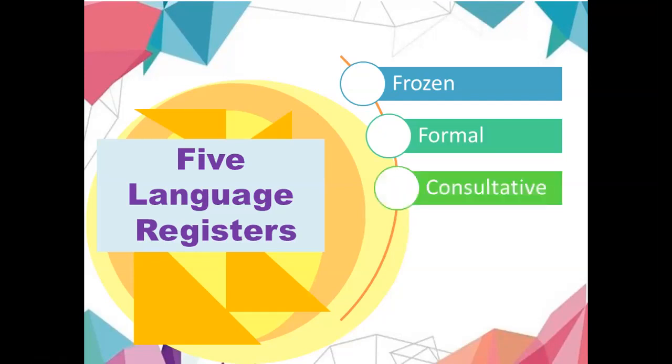The next language register is consultative. People use this register often in conversation when they're speaking with someone who has specialized knowledge or who is offering advice. The tone is often respectful, meaning the use of courtesy titles, but may be more casual if the relationship is long-standing or friendly, like a family doctor.